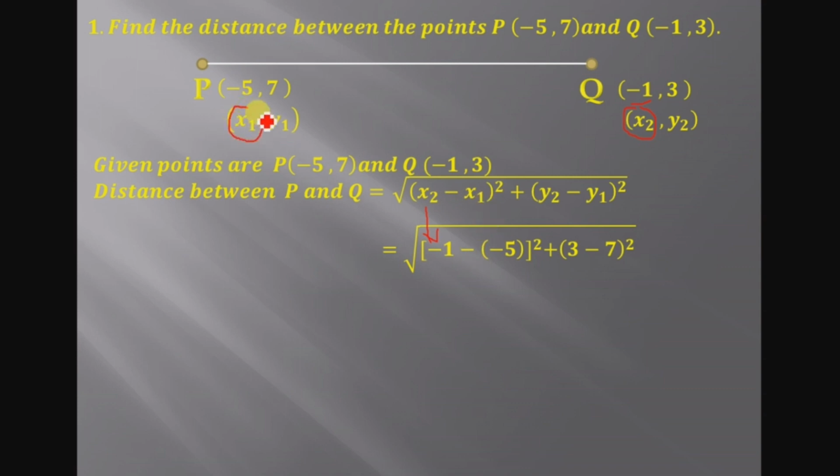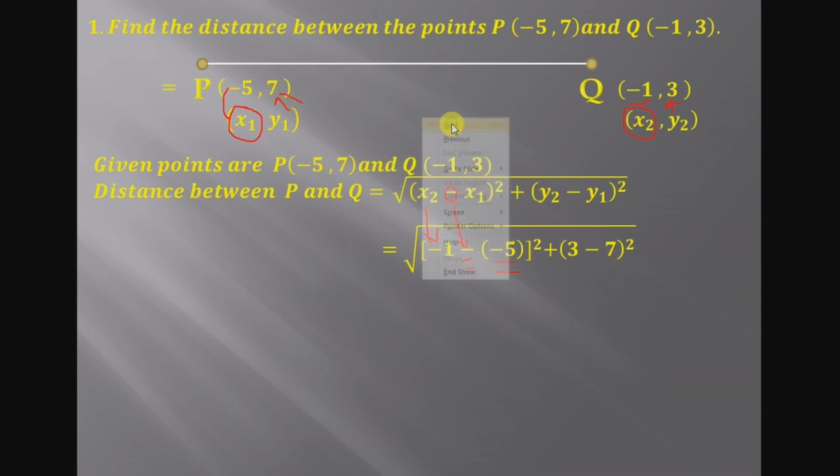The value of x1 is -5, so minus of -5. Be careful with these two negative signs. This minus came from the formula, and the value of x1 is -5, whole square, plus y2. The value of y2 is 3, minus the value of y1, which is 7, whole square.